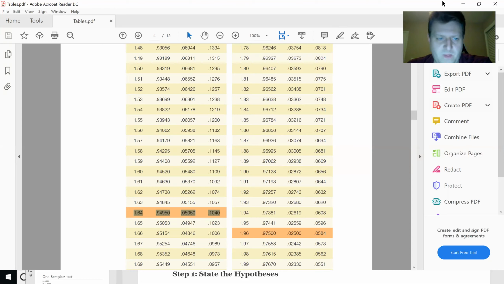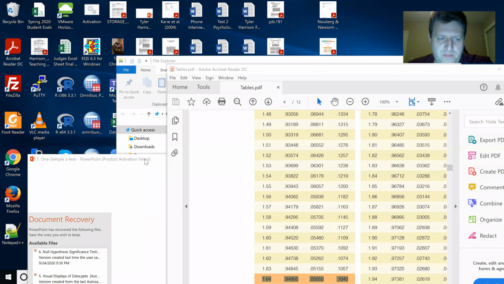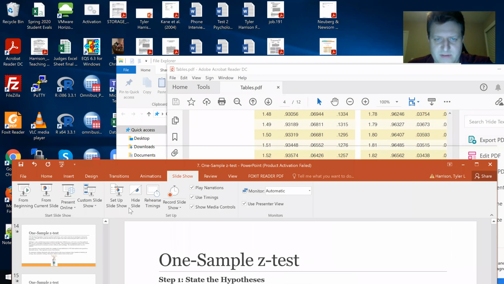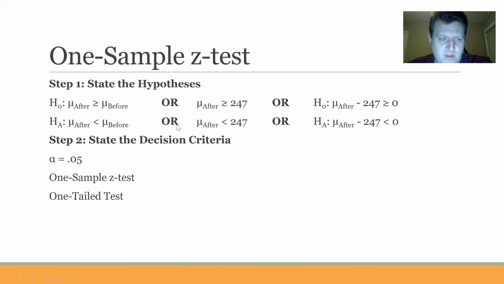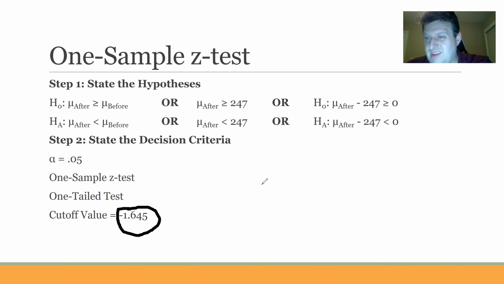I'm going to be a little bit more exact and say that the cutoff is negative 1.645. This is another value that I want you to know. If we have a one-tailed test, testing if something is greater than, more than, whatever, the cutoff is positive 1.645.